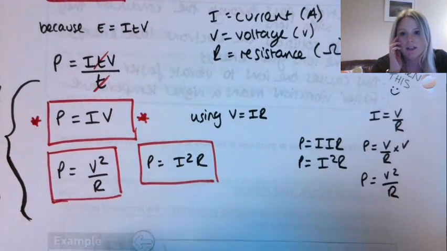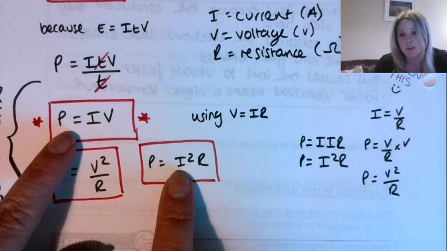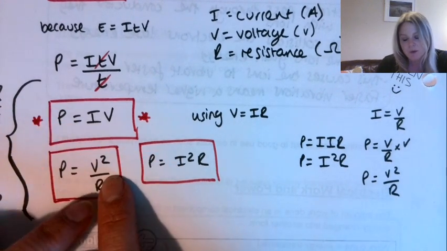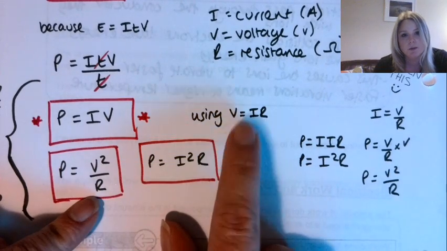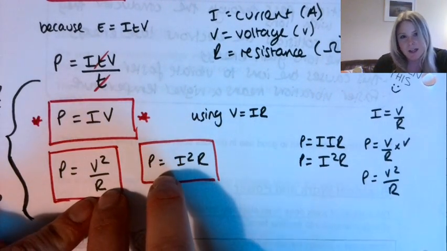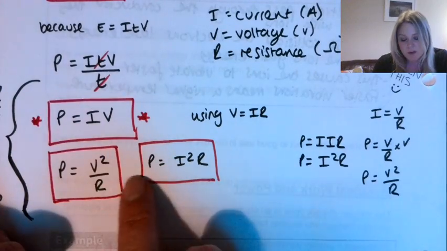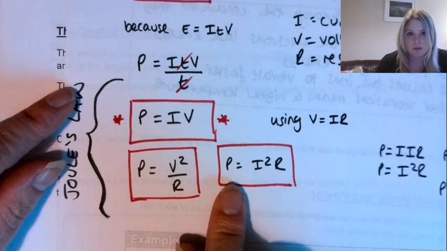Now I will have said at the time, strictly speaking, you don't need to learn these ones off by heart. You do need to learn this one. You'll always be able to figure these ones out as long as your algebra's up to it. I've got to the stage now, because I use them so often, that I do remember them, but as I say, it's not essential. And together these are known as Joule's law.